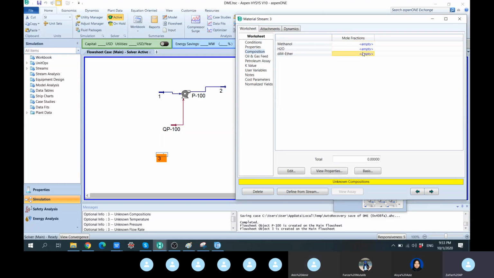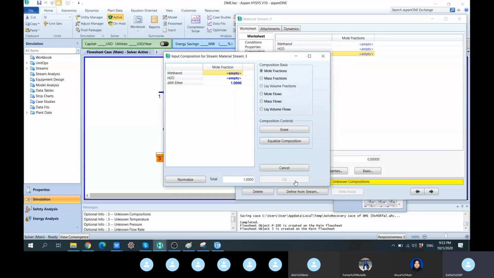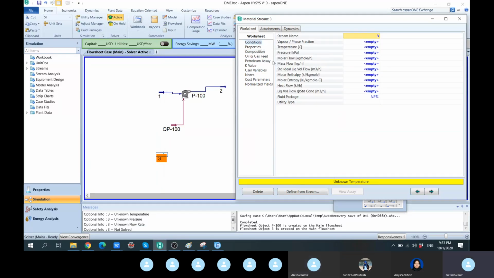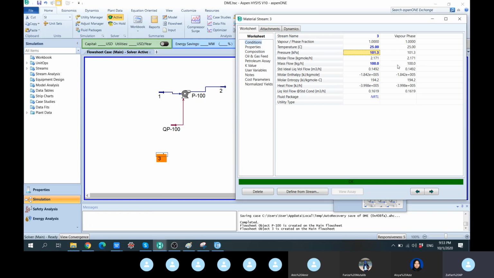Let's put this DME pure, and then, I don't know, 100 kilograms per hour, the pressure is 1 atm, the temperature is 25 degrees C, and it is full vapor.